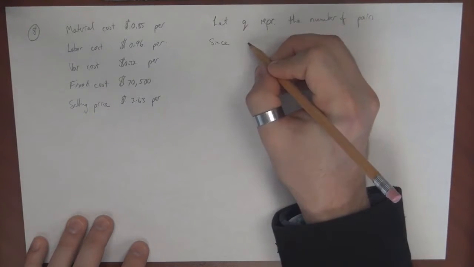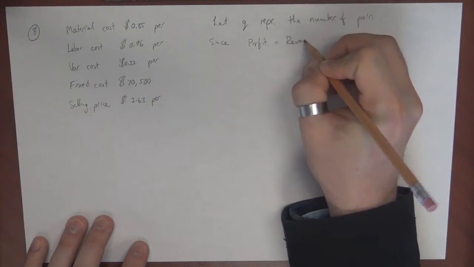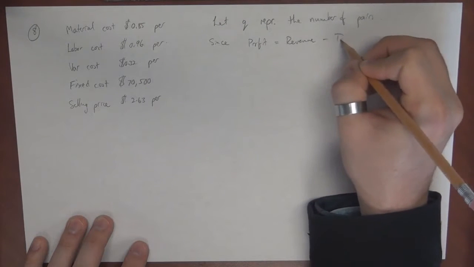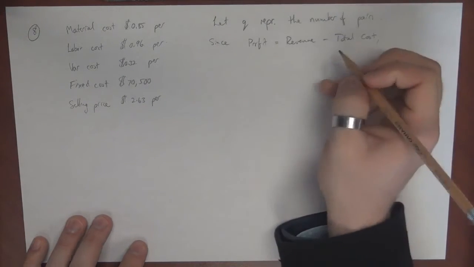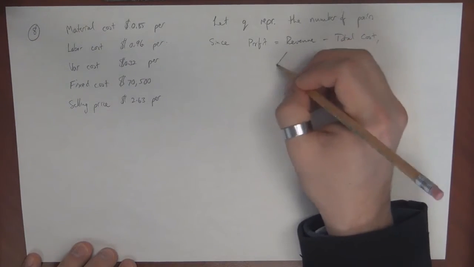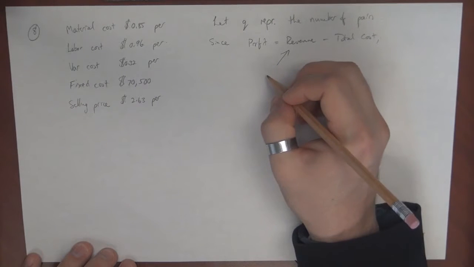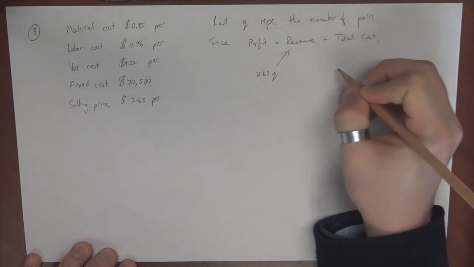Since, how do I look at this? I have profit equals revenue minus total cost. Since profit equals revenue minus total cost, what is the revenue in this case? Well, I make $2.63 per pair.